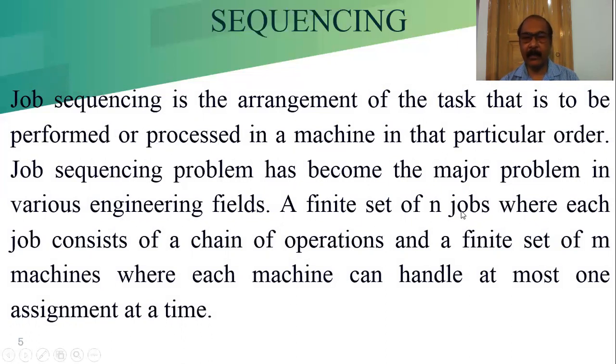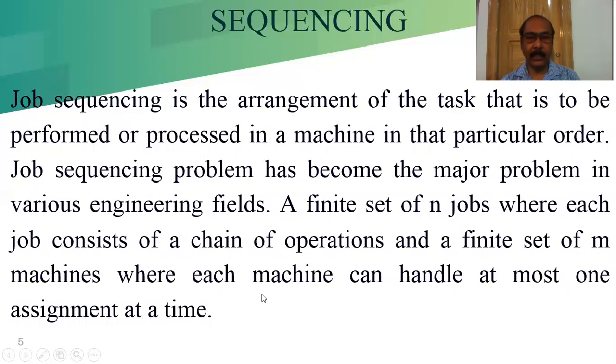We consider a finite set of n jobs, where each job consists of a chain of operations, processed through a number of operations, and a finite set of m machines, where each machine can handle at most one assignment at a time.